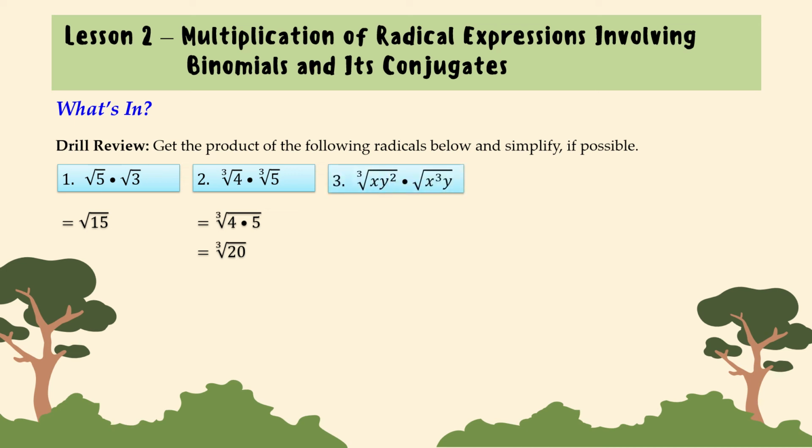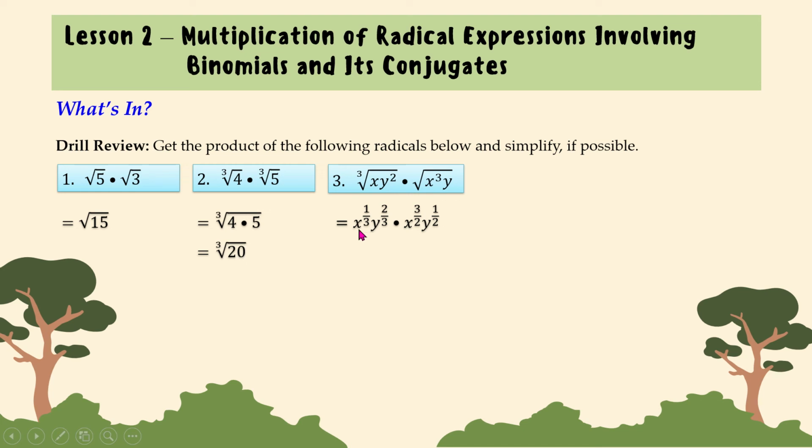Sample number 3. The cube root of x y squared times the square root of x cubed y. Is this case number 2 or number 3? Case number 3. Different indices and different radicands. So, we transform the radicals into exponential form.